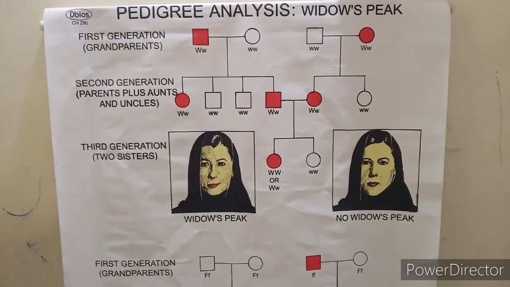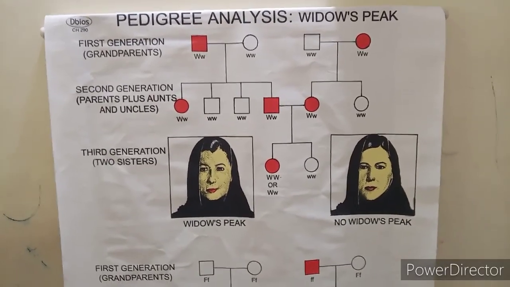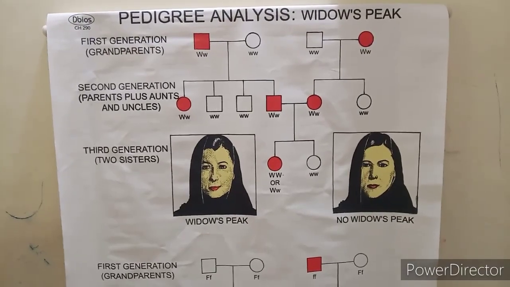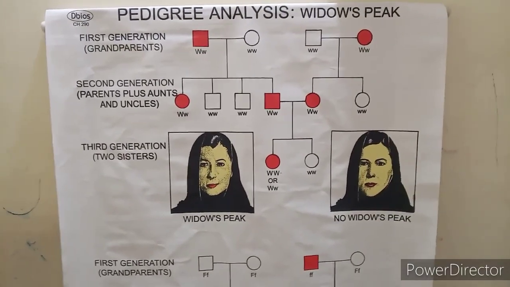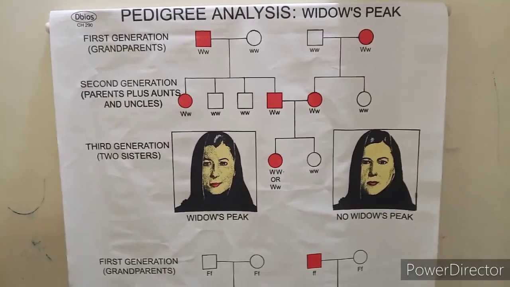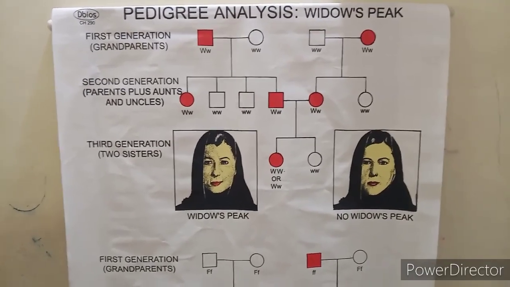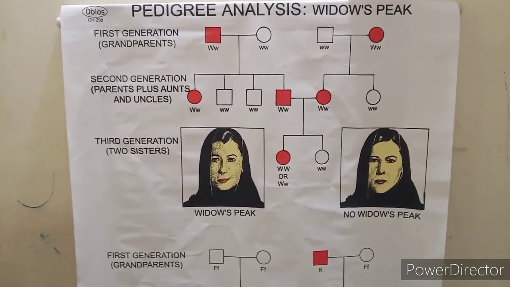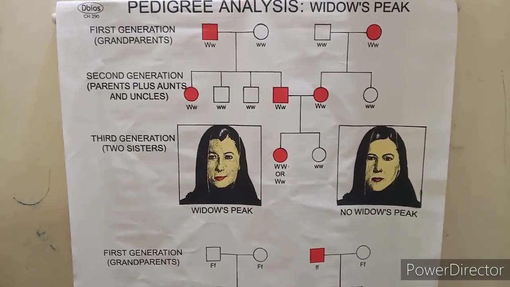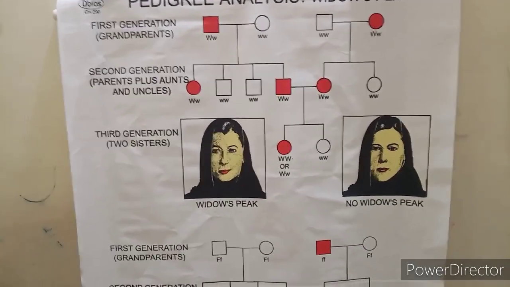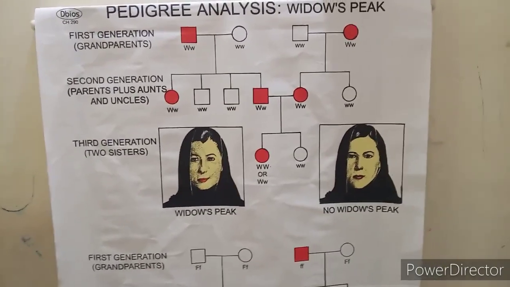So here we can see, if this particular chart is there, a solid square indicates the male, who has the heterozygous condition for this particular trait. So the male has the trait present in him.